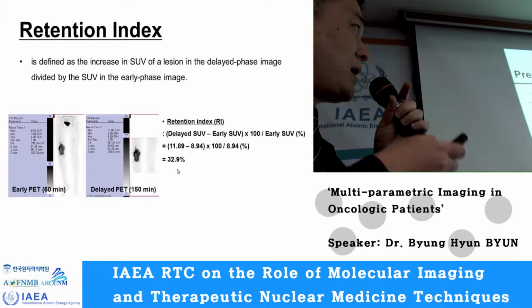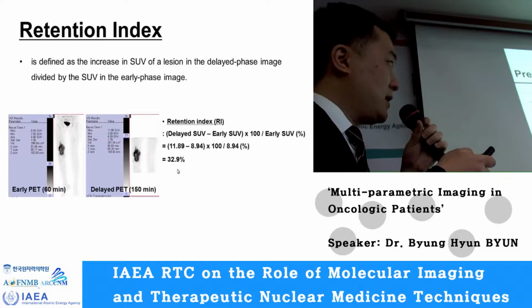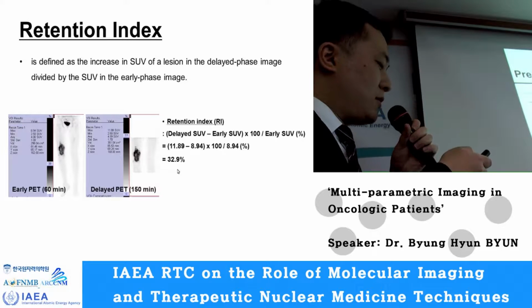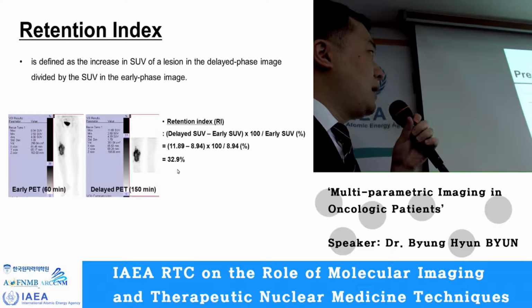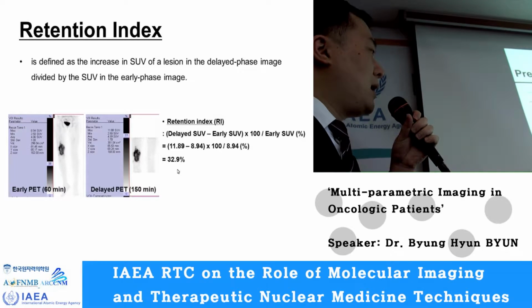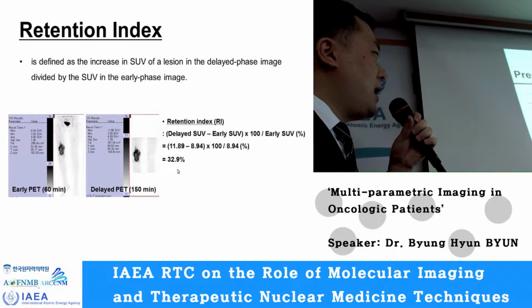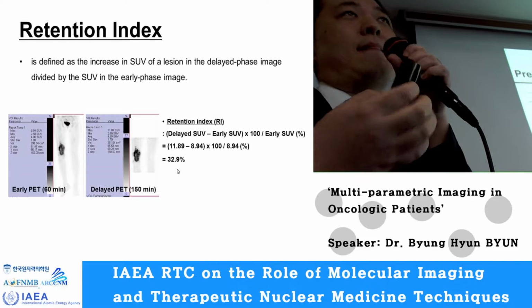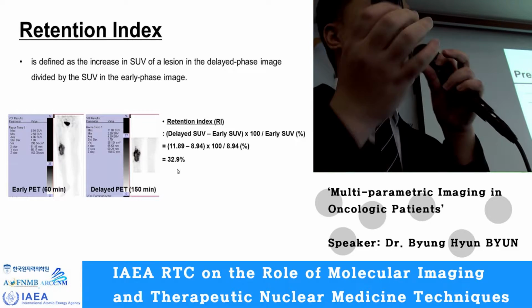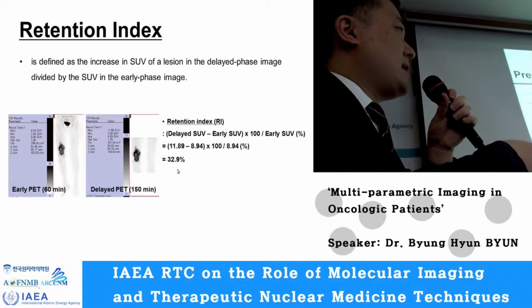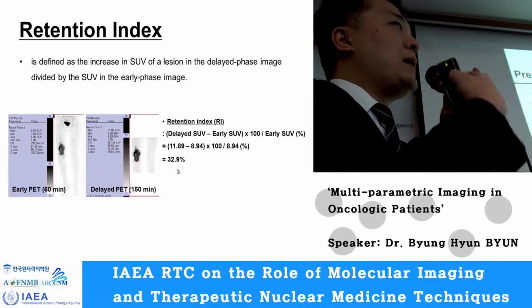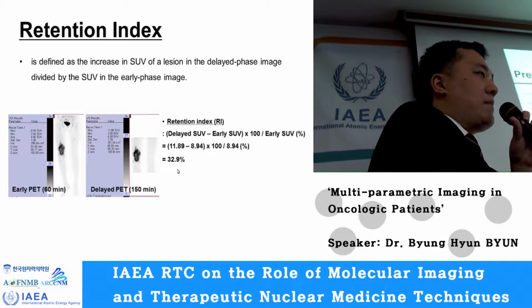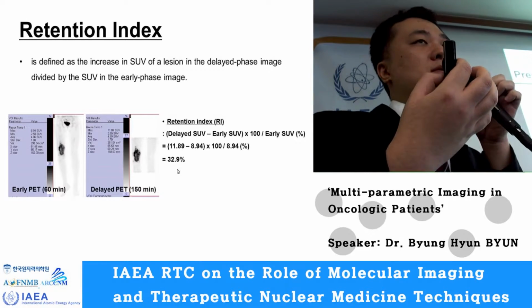By using this parameter, we studied the histologic response of osteosarcoma. As you can see here, the retention index was measured on the pre-treatment PET, not the post-treatment PET. Actually, this study was performed before and after neoadjuvant chemotherapy.